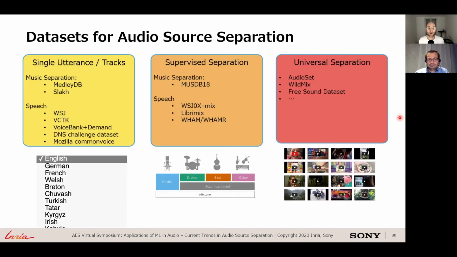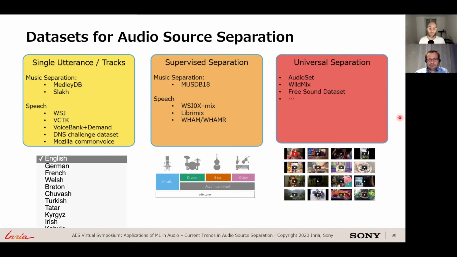So we mentioned already a few datasets. Briefly, we can categorize them into single utterance or single track datasets like MUSDB, Slakh, or Wall Street Journal and so on, where people can then, using tools like Scaper, combine or render their own datasets. There's also a need for supervised separation datasets where there's an agreement on which kind of mixtures you want to distribute, for example, the Wall Street Journal 2 Mix or the LibriMix datasets.